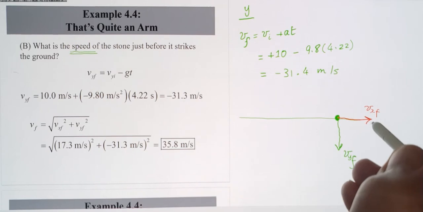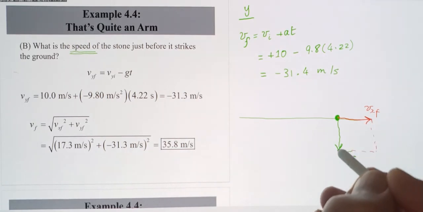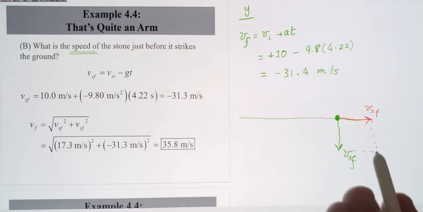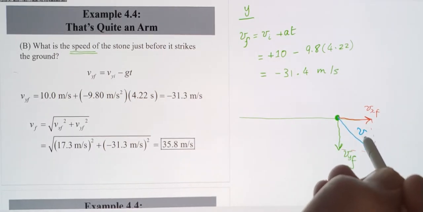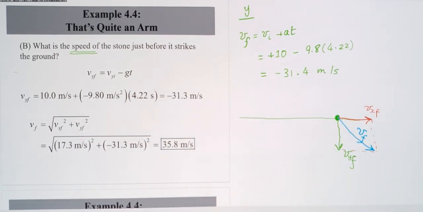So our final speed is this vector. So now we know the x component of that vector, and we know the y component of that vector. So what's the value of that vector?